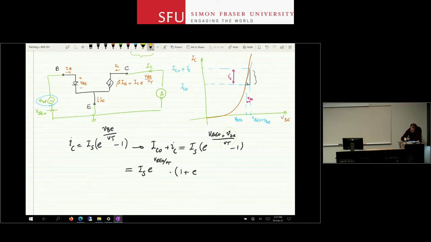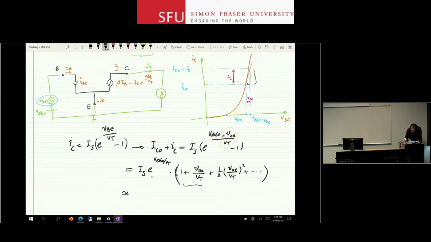I'm going to write the Taylor series expansion for that. So it's going to be 1 plus vbe over VT plus 1/2 vbe over VT squared, and so on and so forth, which then I approximate with just these first two terms, right? So if vbe is small compared to VT, the higher order terms you can ignore.